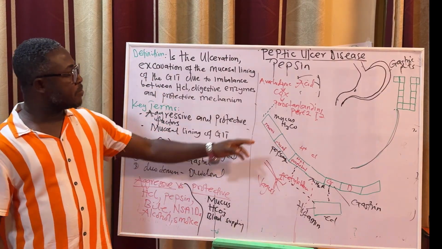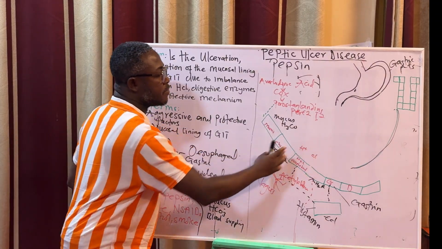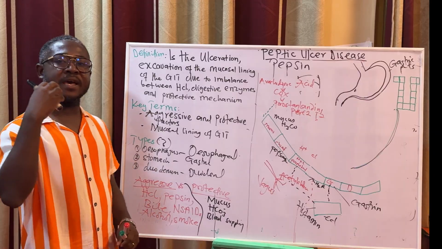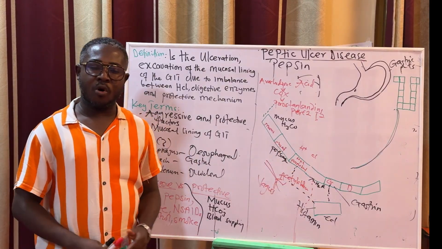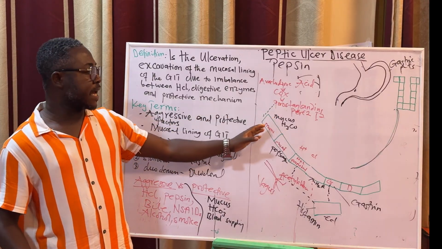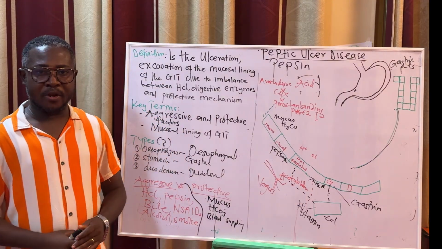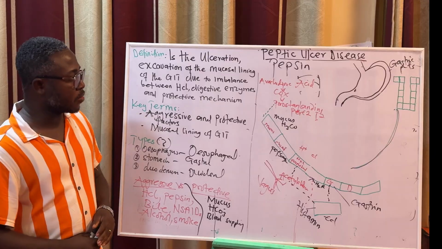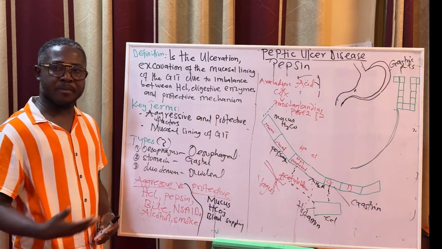And then again, the mucus also serves as a protective barrier by lining the mucous membrane so that the corrosive nature of the acid and the digestive juices will not be able to cause erosion of the mucosal lining. So that is one way in which the prostaglandin helps in protecting the mucosal lining, or preventing the acid from damaging the mucosal lining.